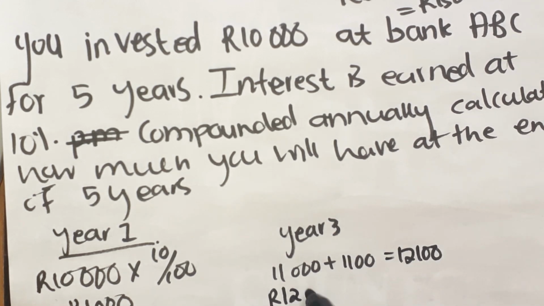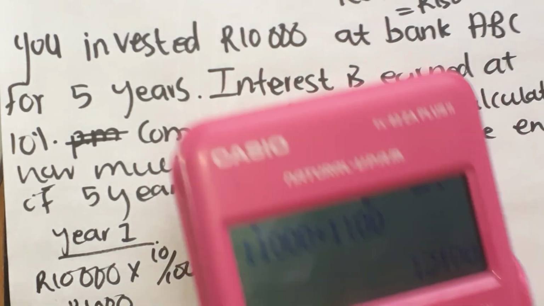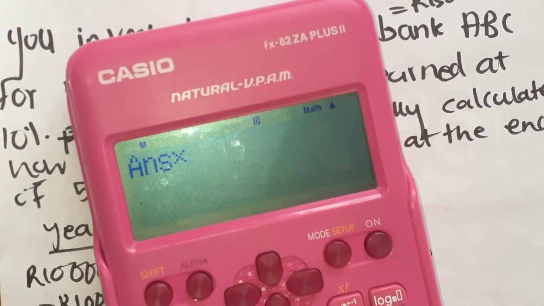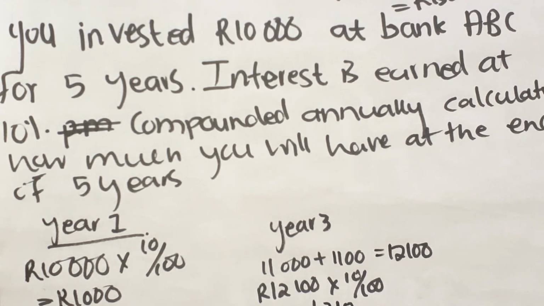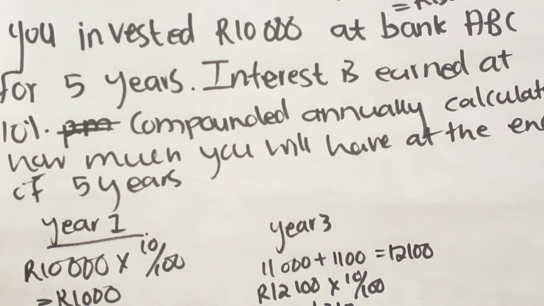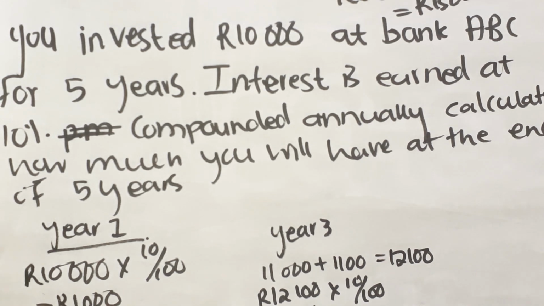So we take that 12,100 rand times 10%, and that will give us 1,210 for year 3. This is how much interest we earned.